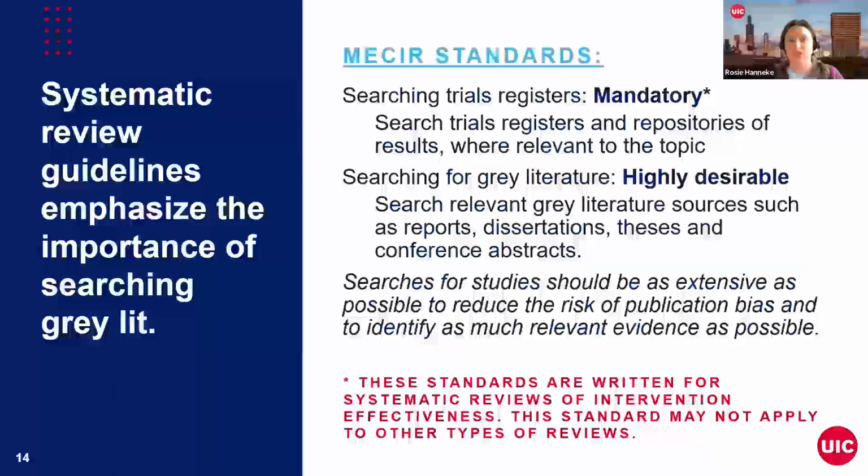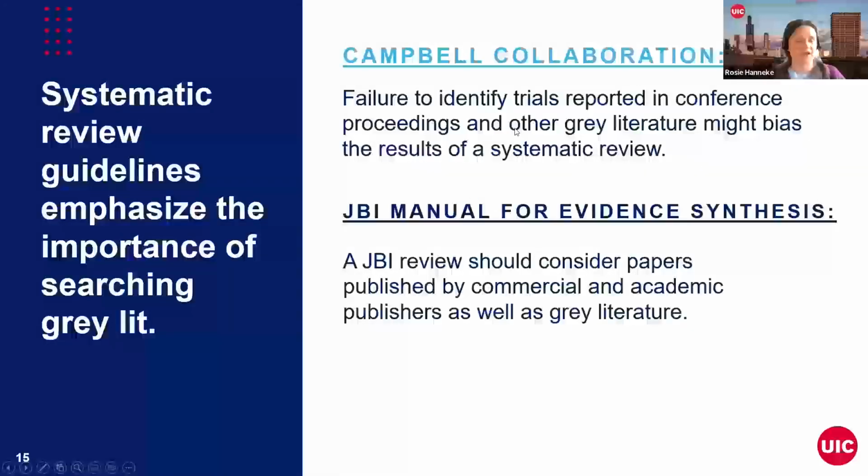But if you're looking for randomized controlled trials, you likely will want to look in a trial registry, which we'll talk about more in just a minute. And then there are a couple of similar excerpts from the Campbell Collaboration Manual. This is similar to the Cochrane Collaboration. They are a research collective that does evidence synthesis in the social sciences.